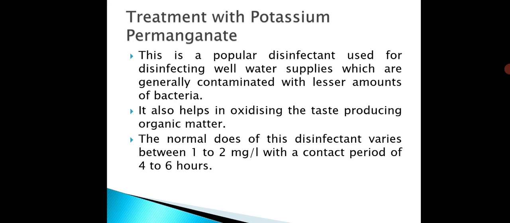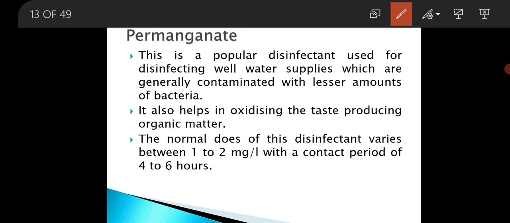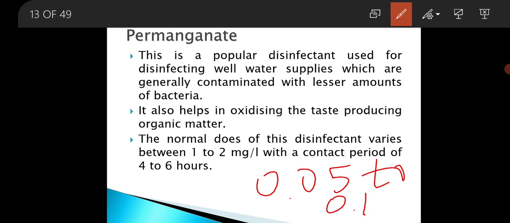Therefore this can be added in small quantity such as 0.05 to 0.1 milligram per liter for already filtered and chlorinated water. And for treating well water supplies, a small amount of potassium permanganate is dissolved in a bucket of water and is mixed with the well water thoroughly.